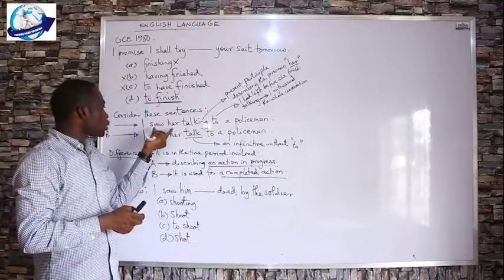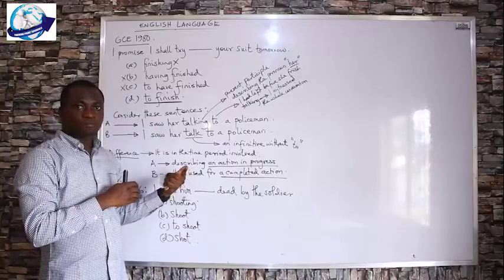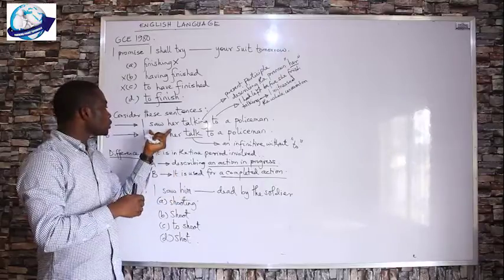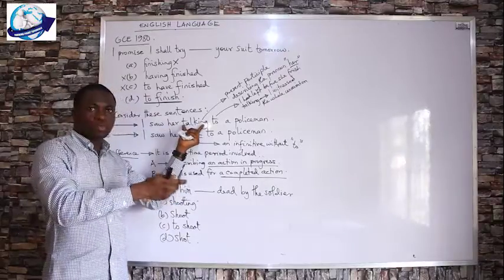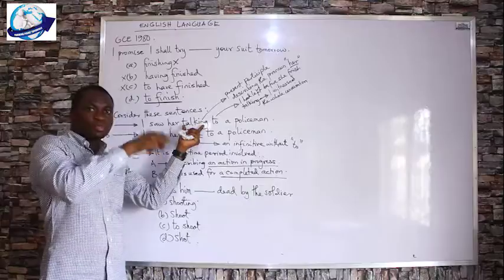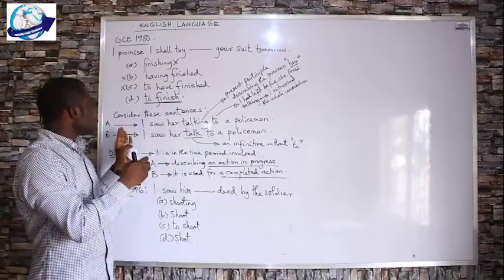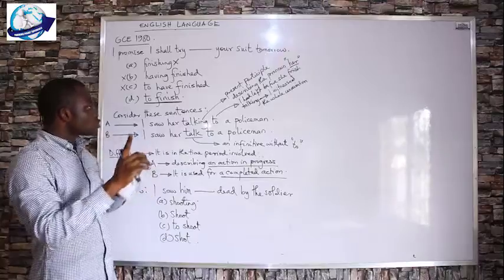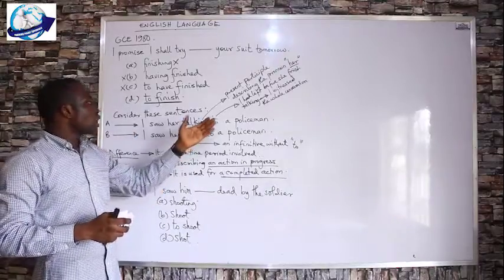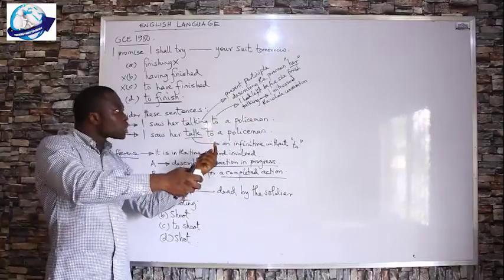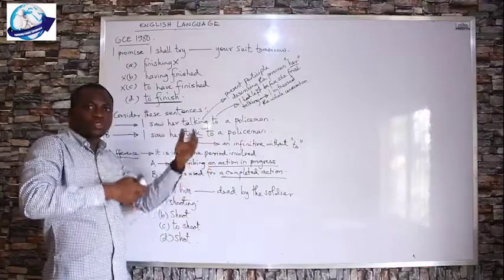If I say I saw her, saw her doing what? I saw her talking to a policeman. So I'm describing the pronoun "her." Then sentence A shows that I had left before she finished talking.